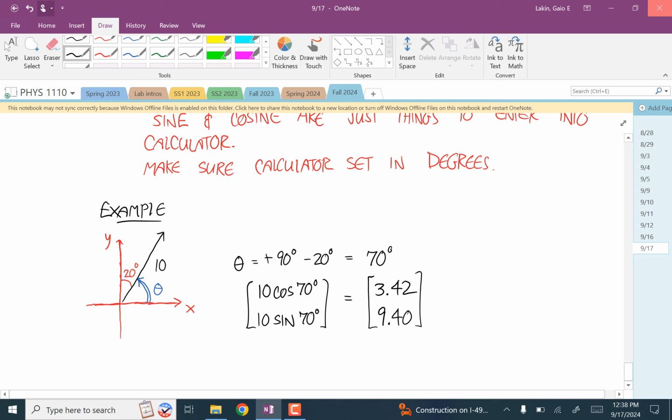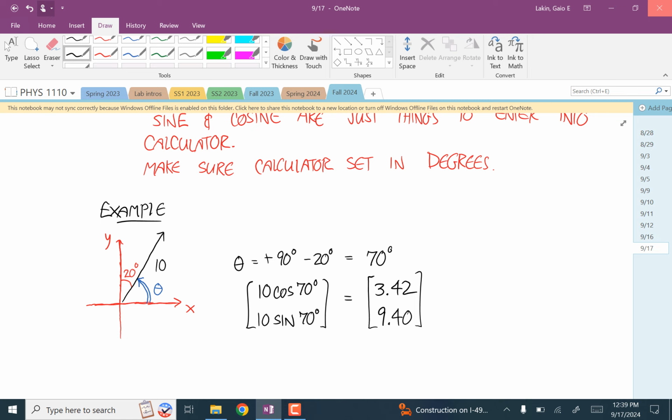You know that this angle plus 20 has to add up to 90, because this and this are 90 degrees apart. So that has to be 70. Now you're just going to plug in, so the magnitude is 10. You plug 70 into the cosine and multiply that answer by 10. And then for this 70, you do the sine of 70, multiply it by 10, and your calculator tells you this. That's all you have to really think about.